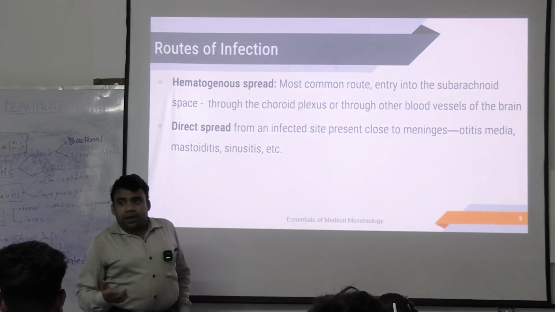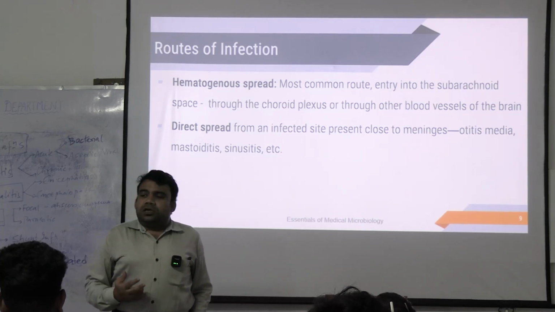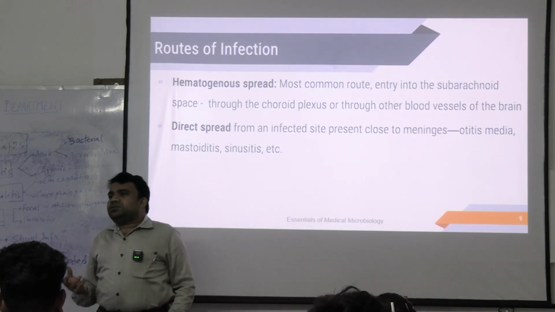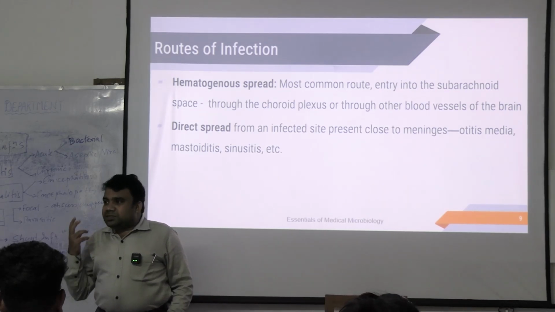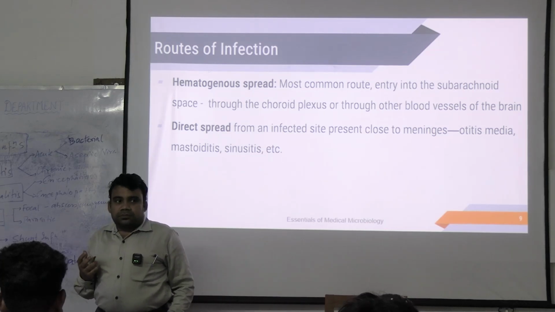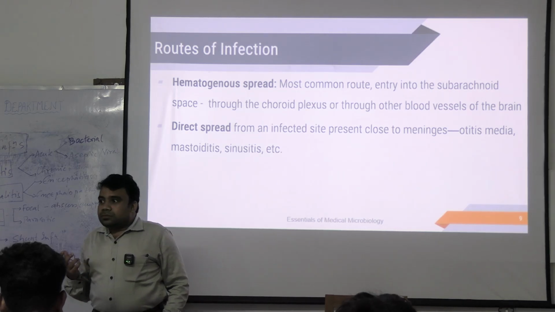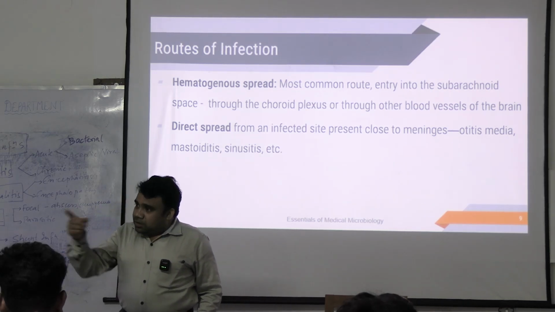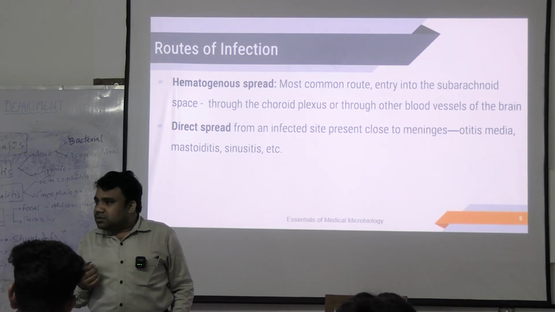The second route would be from the local tissues. What are the local tissues which may harbor the organism? What are the spaces in the head and neck? Right, there are the sinus cavities, also called the paranasal sinuses.